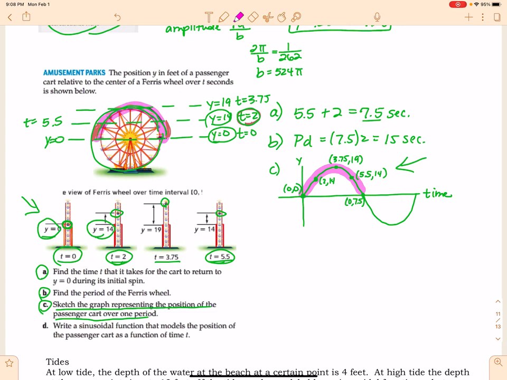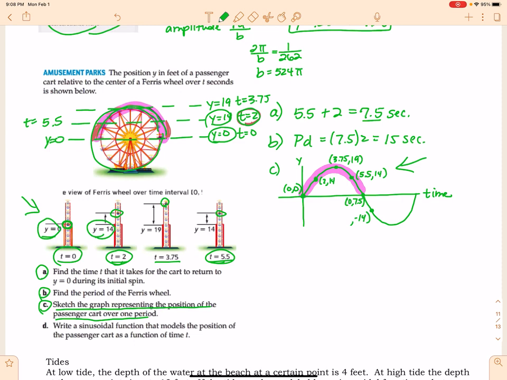As we move down, notice that we're dipping underneath the x-axis. That means the y values are going to be negative. Time continues to pass at the same intervals as it did above the x-axis. As I continue down to this value, it will be negative 14, but how many seconds does that take?